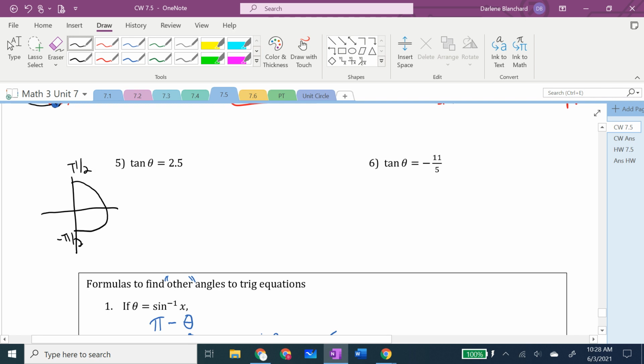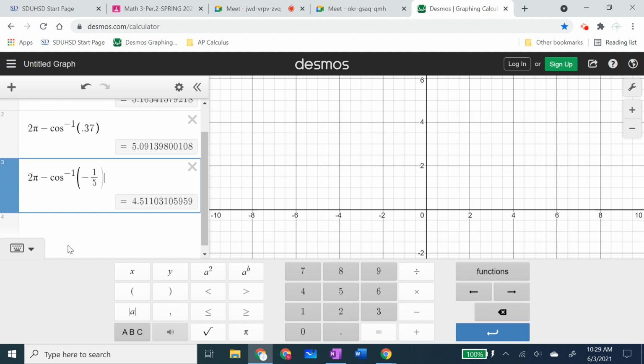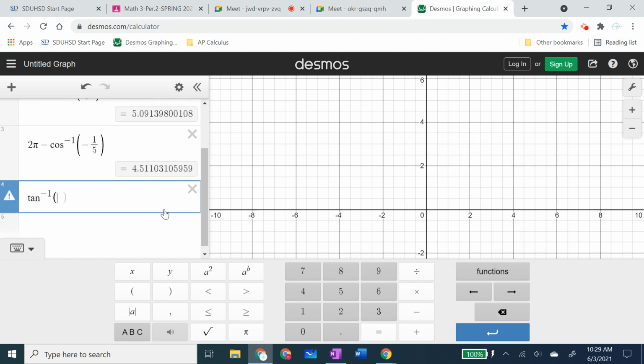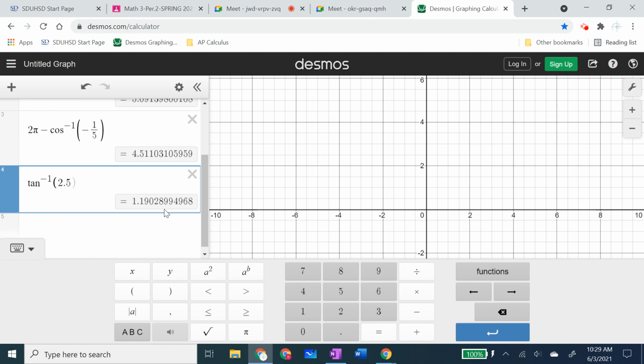I will only get an answer in between there when I use my inverse tangent button. Whether I have tangent being equal to a positive number or a negative number, I'm going to start off with just finding the inverse tangent of that number. So here we go. First, the 2.5. I get a nice positive answer, 1.19.